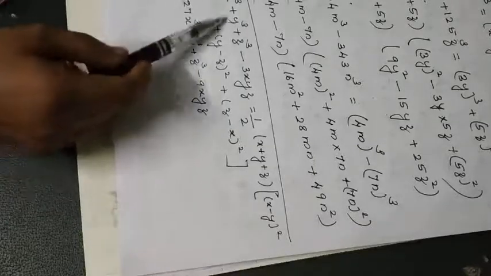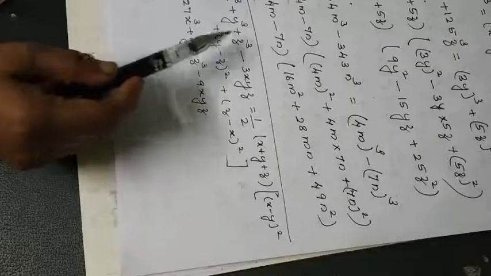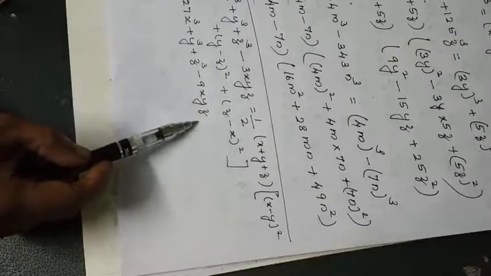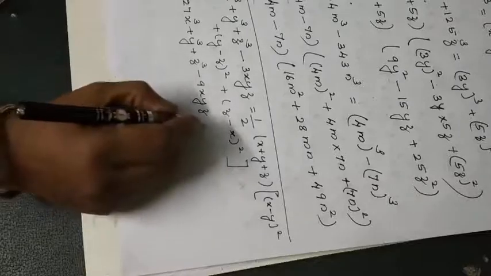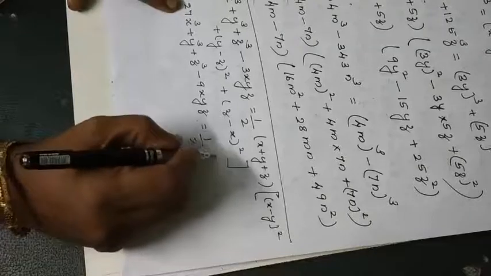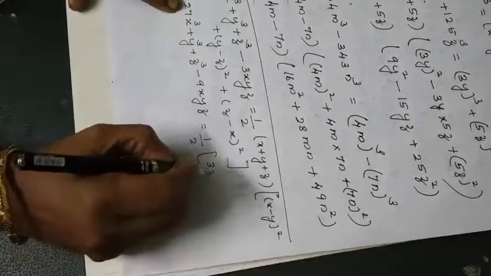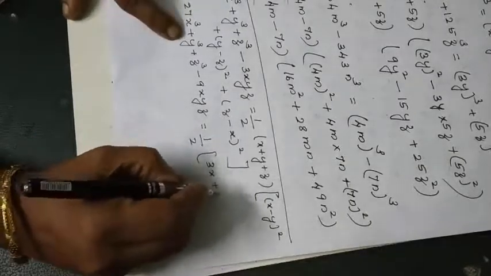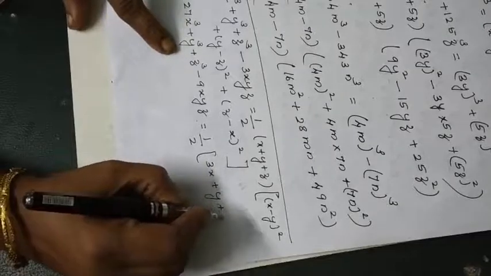Here it is in the form x cube plus y cube plus z cube minus 3xyz. Now what will be that one? That will be half of the first one x. Here x is 3x and y is y itself and z is z itself.